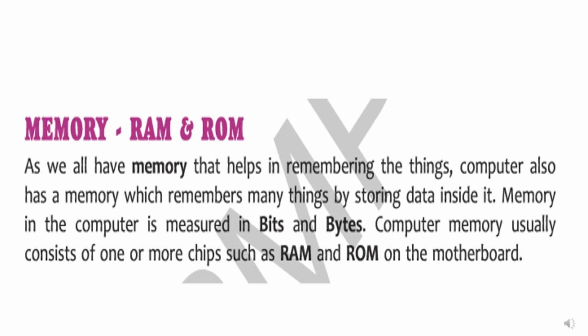And as you say that our computer has 8 GB memory, and sometimes you say that daily we are getting 2 GB data. What is this GB? GB is gigabyte. They are also the units of memory. But bits and bytes are the smallest unit of memory. And the RAM and ROM are the memory chips which are attached on motherboard.